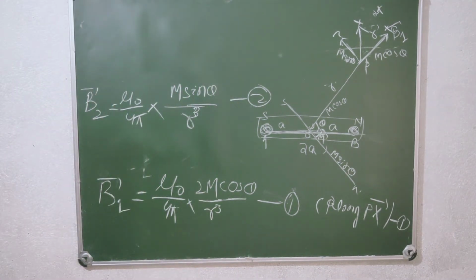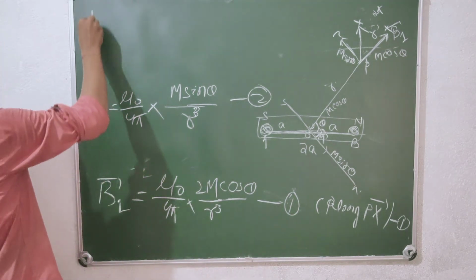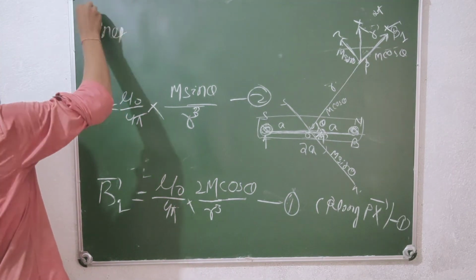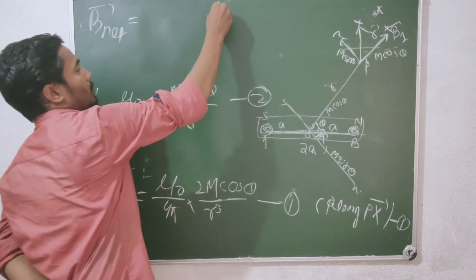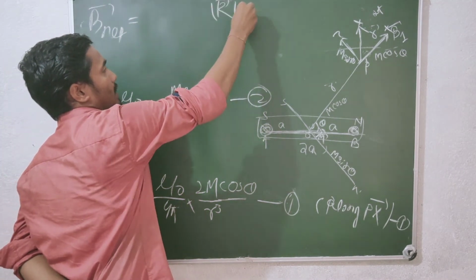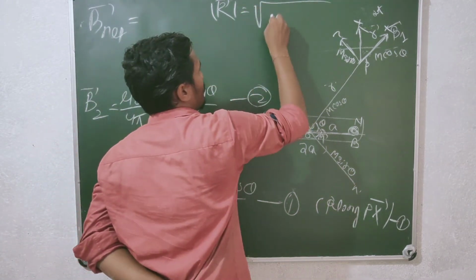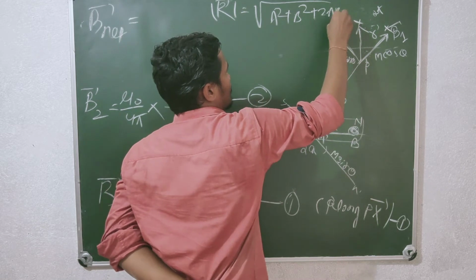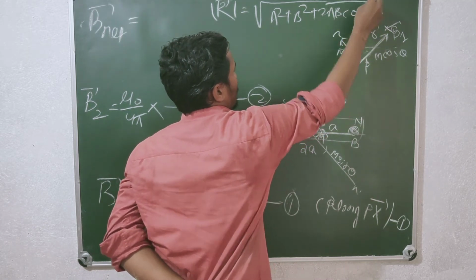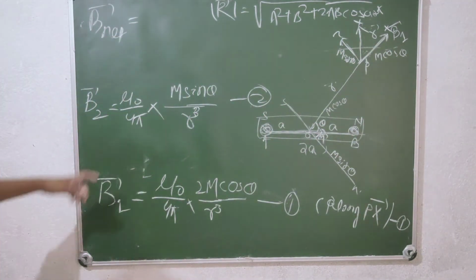What you have already known, the magnetic field B net. What will be the formula? R vector magnitude is called resultant. Its formula will be square root of a square plus b square plus 2ab cos theta. And this formula is applied here. We have to apply this formula by equating b1 and b2.